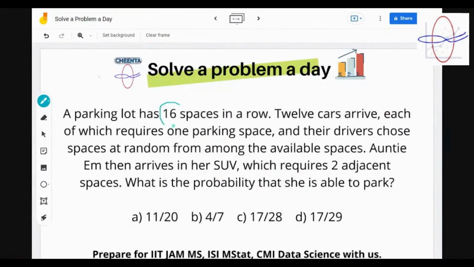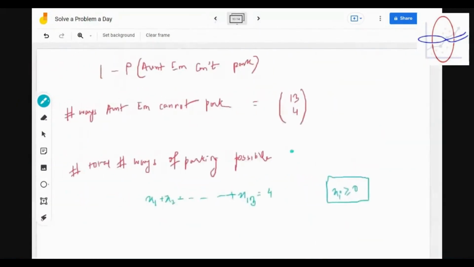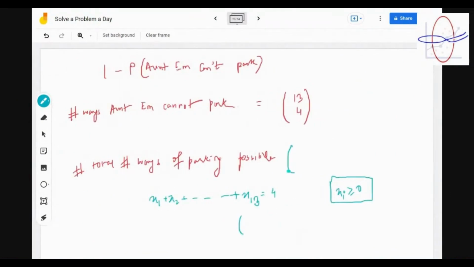There are 16 spaces, and out of the 16 places we are choosing 4 spaces. So the total number of ways the 12 cars can park is 16 choose 4, equivalently 16 choose 12, because 12 places are selected for the 12 cars. Therefore, the probability that Aunt M can park is 1 minus 13 choose 4 by 16 choose 4.